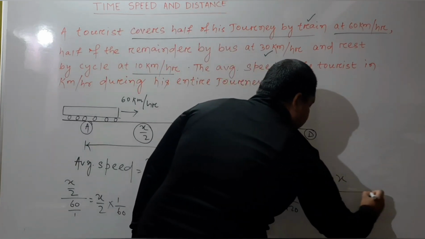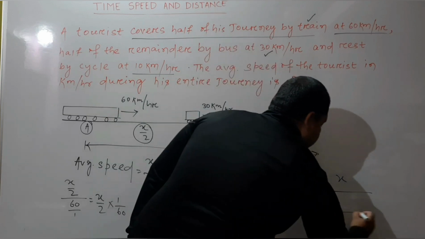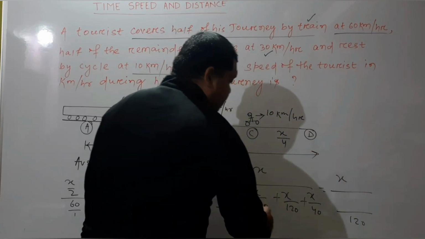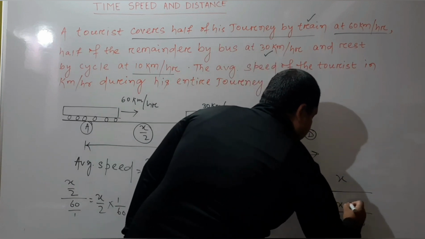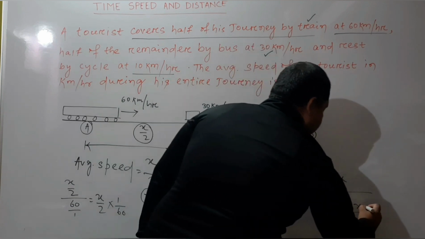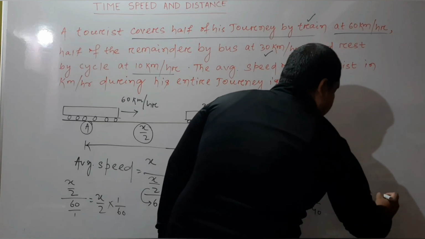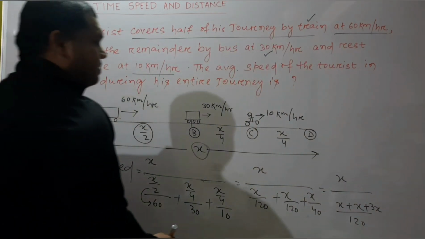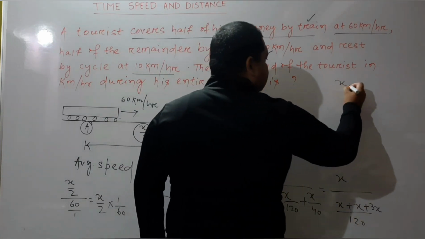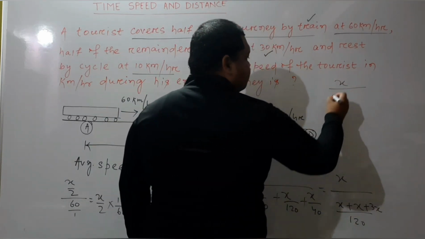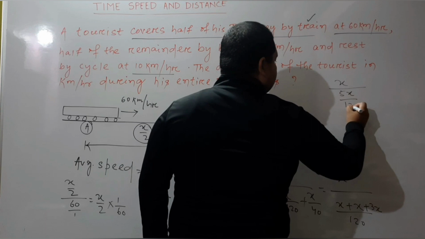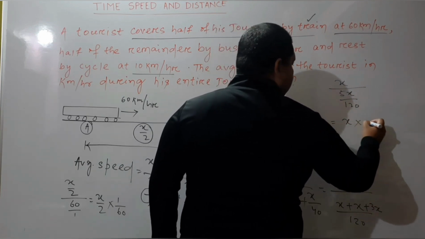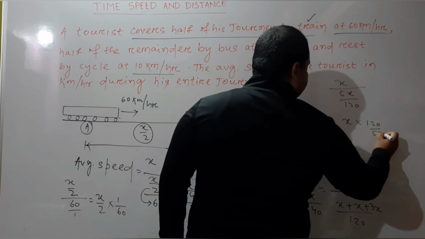So this is X divided by the LCM 120, and the numerator can be written as X plus 3X. If you take X as common, this is X divided by 5X divided by 120, which can be written as X into 120 divided by 5X.